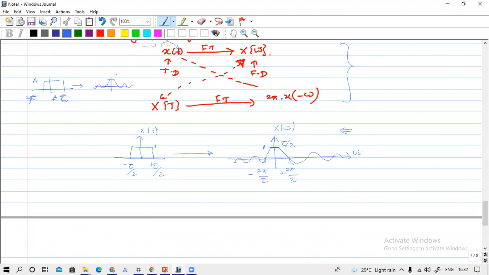This is A tau, and this is pi by tau, and this is pi by tau, like this. So we have A tau sinc(omega tau). Can you remember? When we evaluate this, we have this kind of signal, A tau sinc(omega tau).